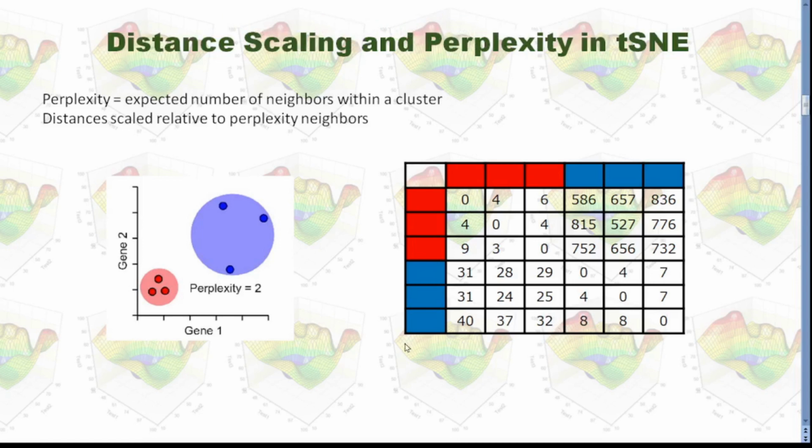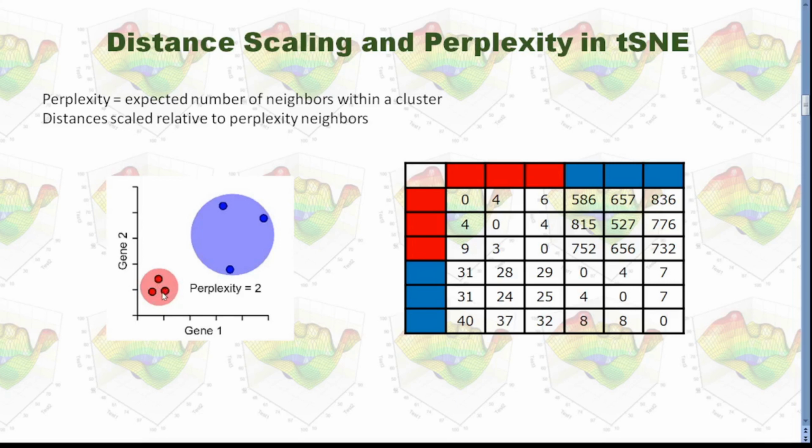There is a very important concept in t-SNE: perplexity. Perplexity is the expected number of neighbors within a cluster. For example, if we say perplexity equals 2, that means for this data point, we want 2 neighbors.